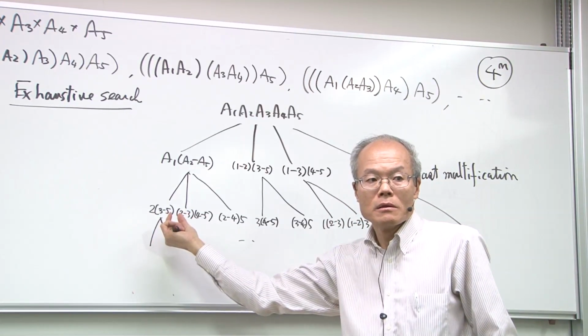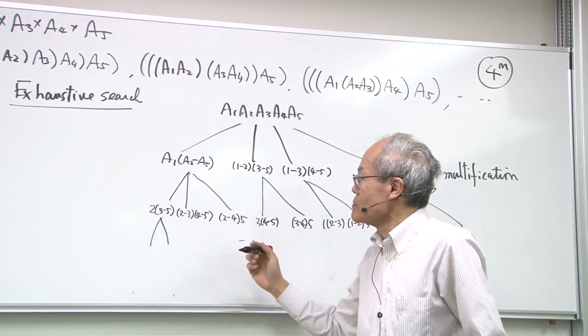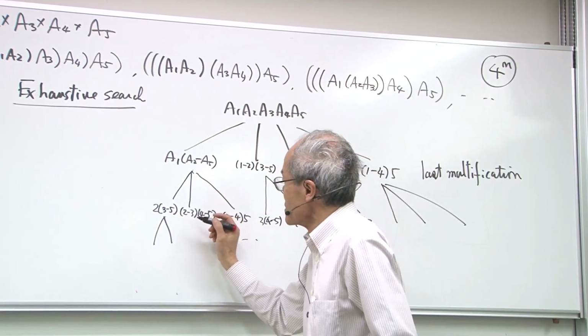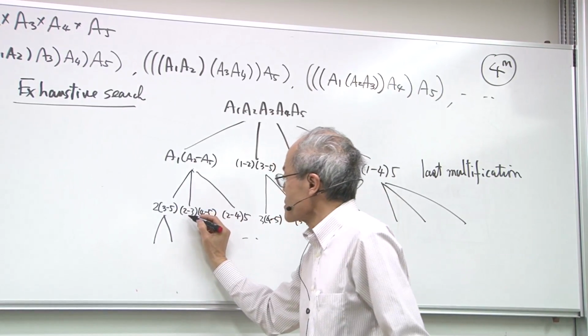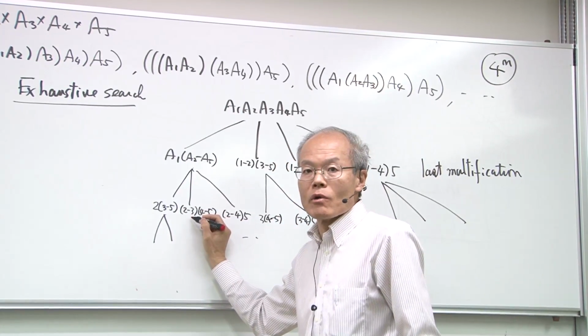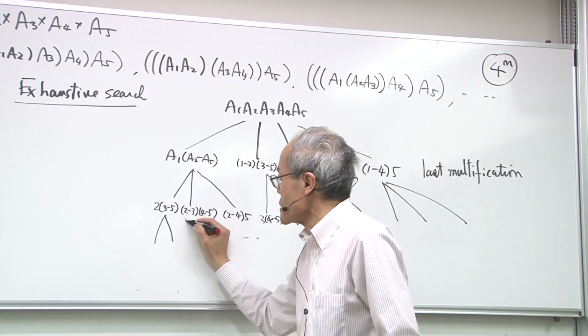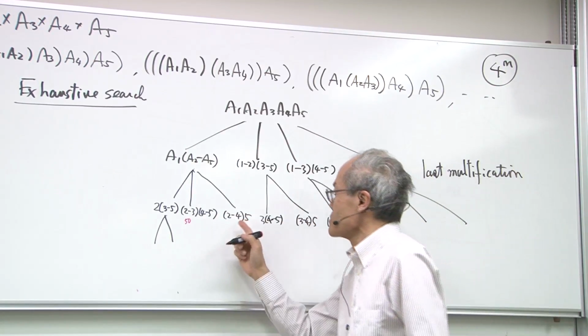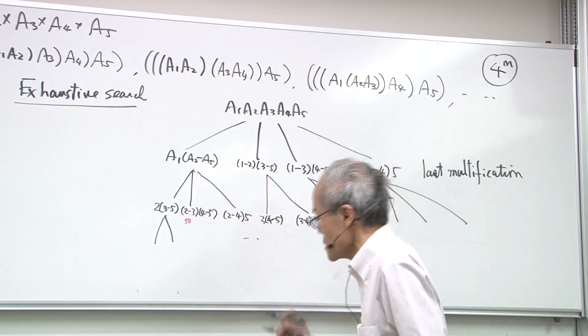For example, you know that to multiply 2 and 3, the amount of work is something like 50. And 2 and 4, this again is 2 possibilities.